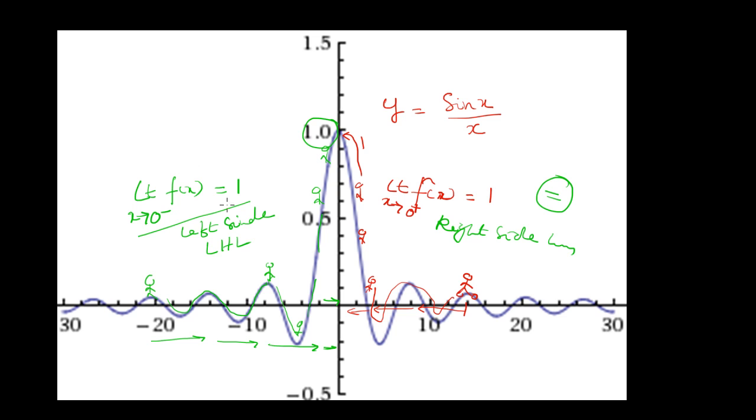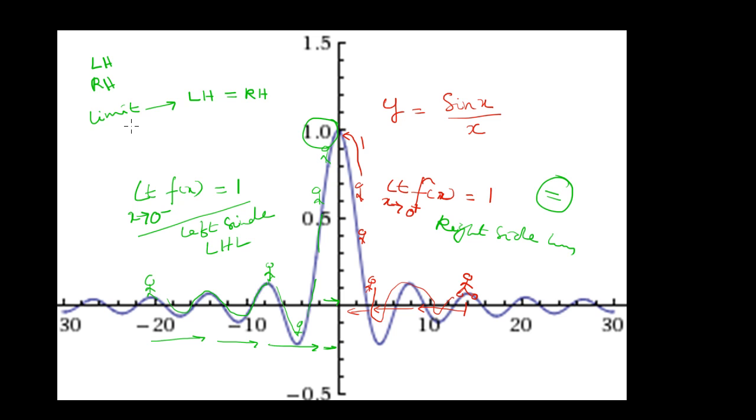Now let's define the limit. We have seen what is a left hand side limit, and what is the right hand side limit. Now a limit is said to exist only when the left hand side limit is equal to the right hand side limit.